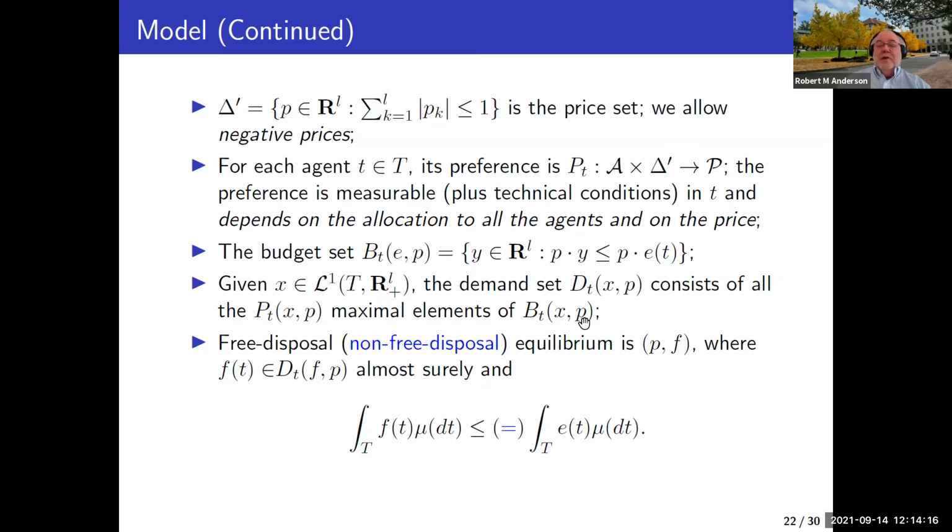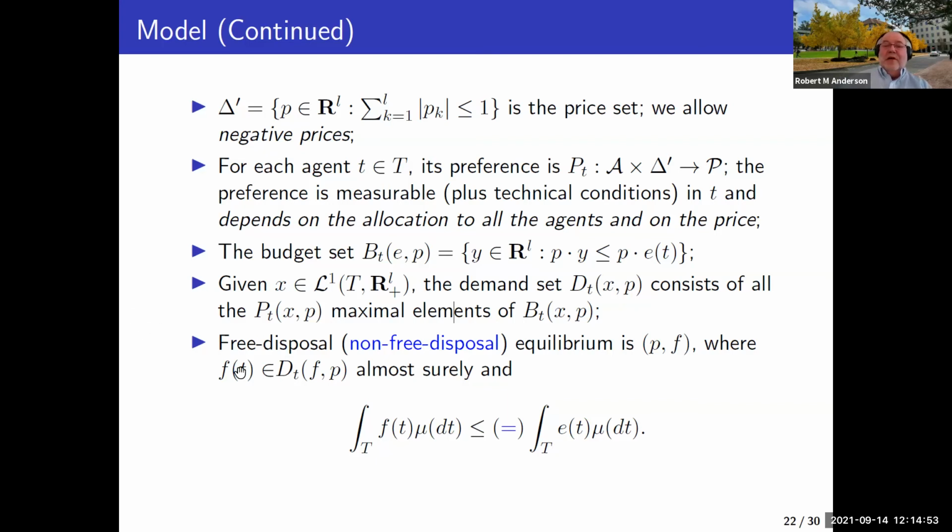It determines what the budget set is, and it also affects the preference, and the consumptions of every other agent also affect the preference of agent T. So if the electricity that someone somewhere is using was generated by releasing CO2 into the atmosphere, then I care about that. That affects my preferences, and if somebody next door is emitting particulate emission, then I care about that as well.